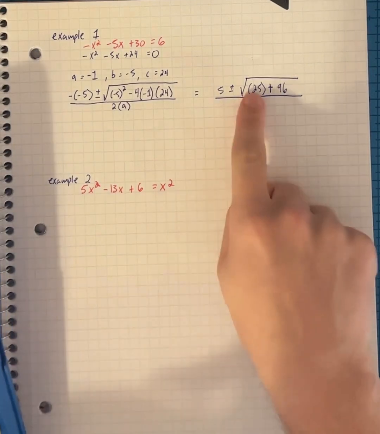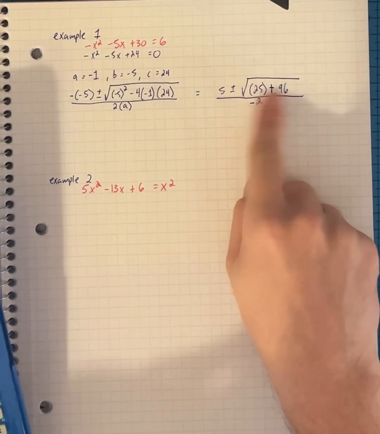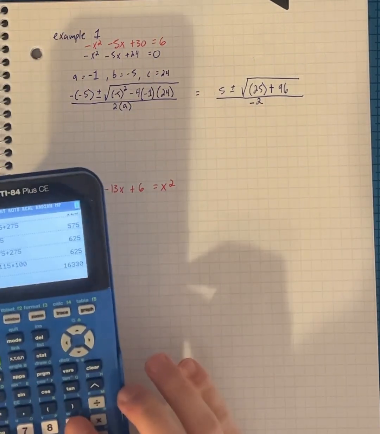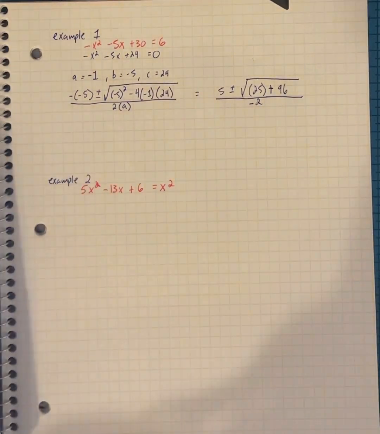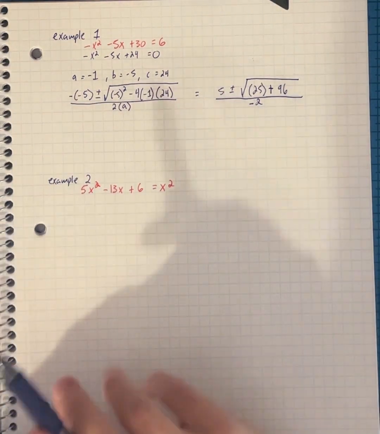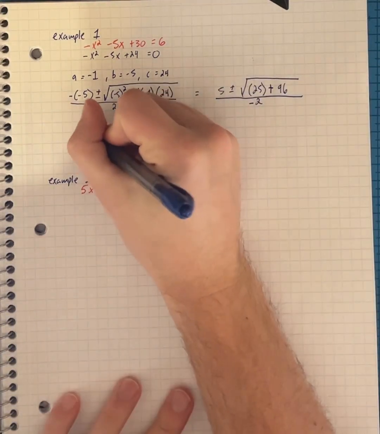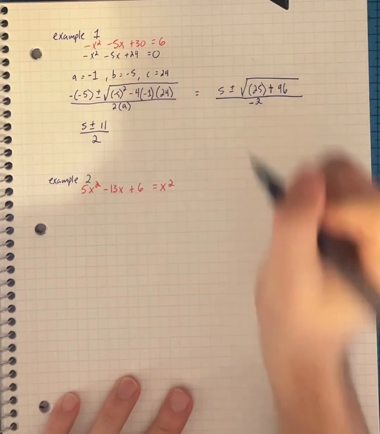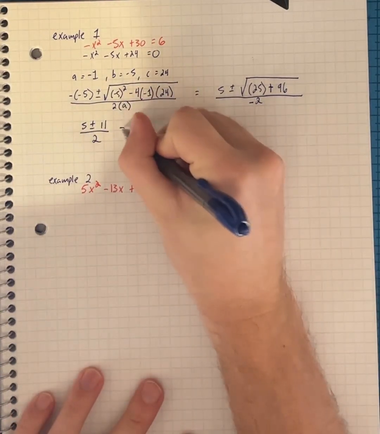Basically, we can enter this into our calculator here. And so let's just try to get the square root term figured out here, right? So we have the square root of 25 plus 96 is 11, right? So this equals 5 plus or minus 11 over 2, right? So then this breaks down into 2 cases.